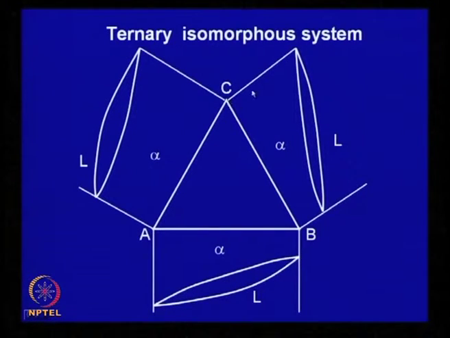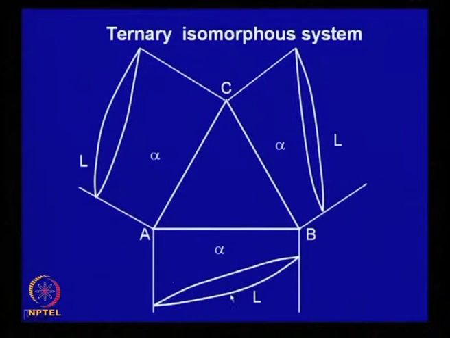We have opened up the triangle to represent this in 2D. This point is pure A. On this side we draw a perpendicular, and draw the binary phase diagram between A and C. This portion is liquid, and this is the solid solution alpha.